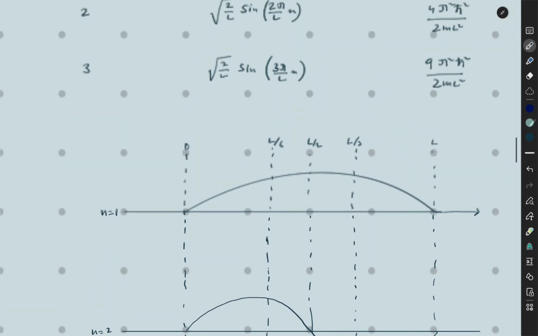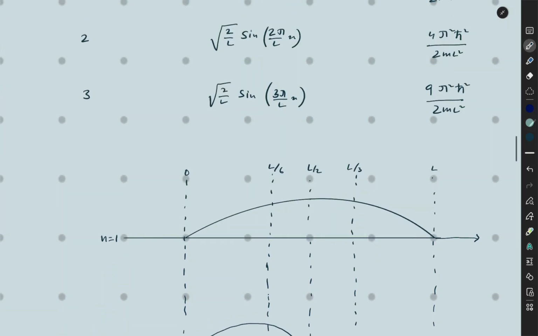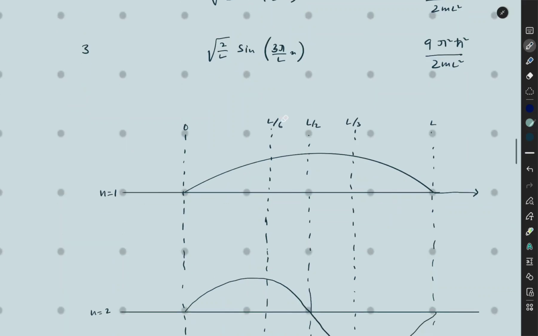So our graph will be somewhat like a sine curve. And for the third function, where is it becoming 0? At x equal to 0 and x equal to L, and also at L by 3 and 2L by 3.